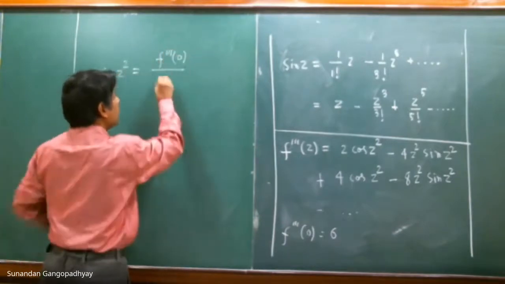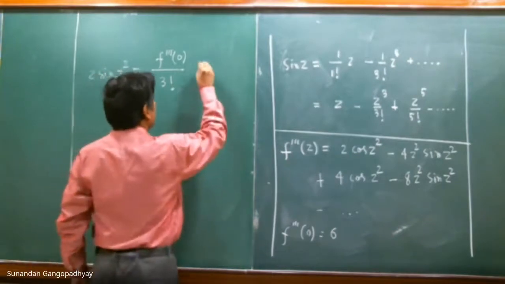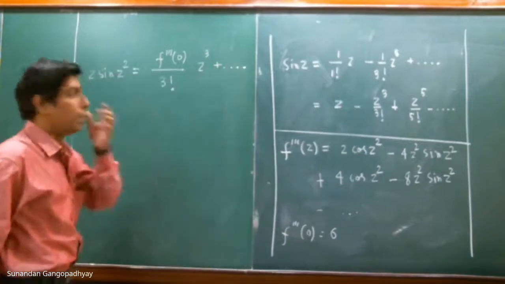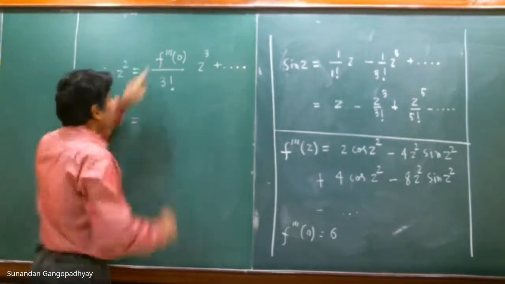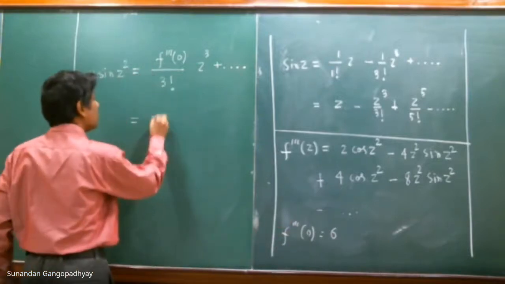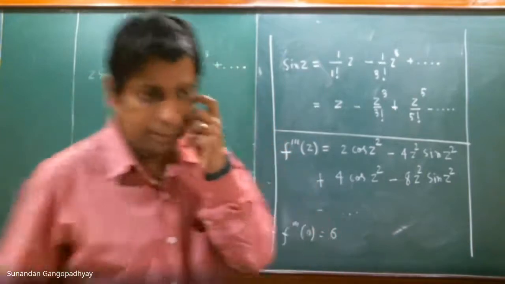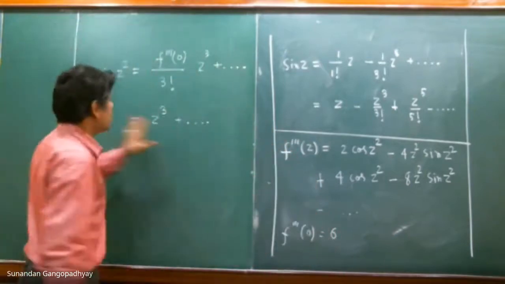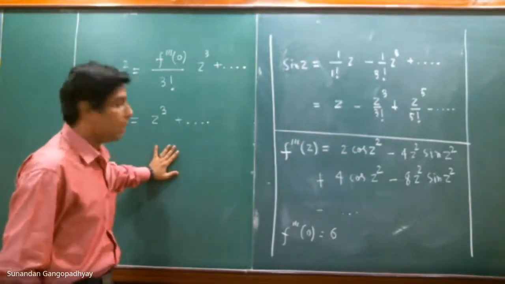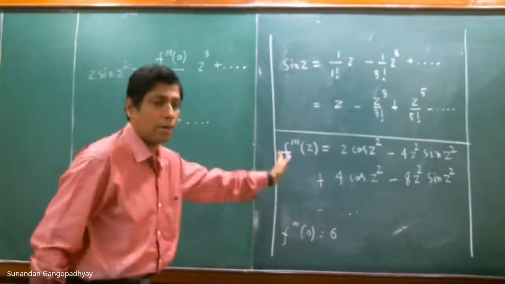F triple prime means it should be divided by 3 factorial, and then you will have z cube, and then the higher order terms. But what is f triple prime 0? That is 6. 6 divided by 3 factorial is 1. Therefore, the series starts from z cube. Okay. So this is the Taylor series expansion of this function around z is equal to 0. And you can carry out this procedure, and you will get the higher order terms.